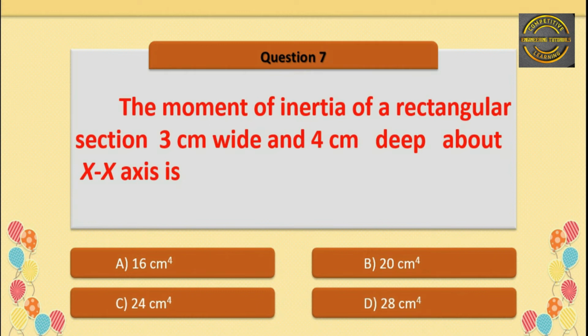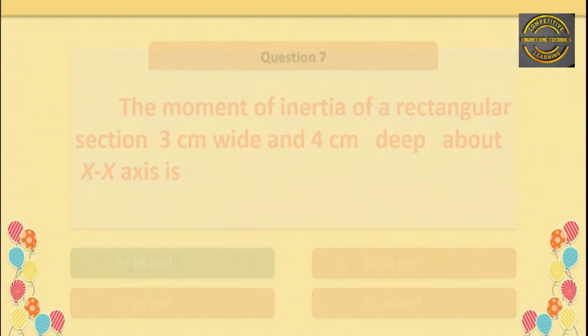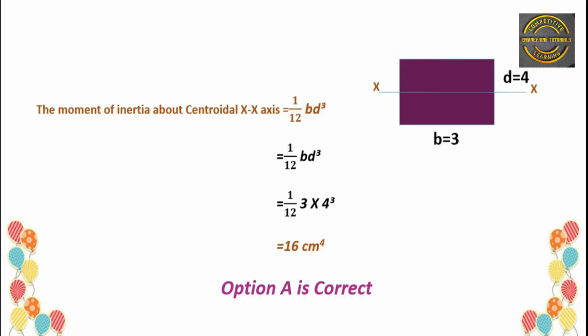Question number 7. The moment of inertia of a rectangular section 3 cm wide and 4 cm deep about x-axis is. Option A is correct, 16 cm power 4. Here this one is the explanation. So let us consider a rectangular section of length b and depth d.